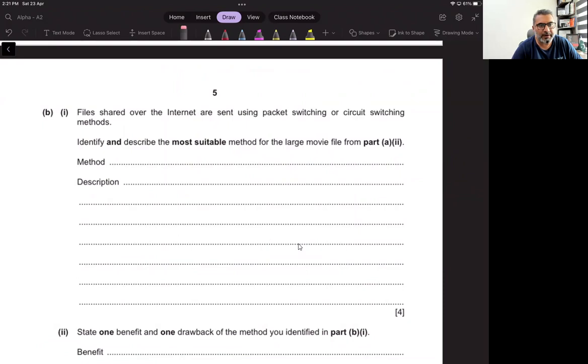Now 3B, files shared over the internet are sent using packet switching or circuit switching. Identify and describe the most suitable method for the large movie file from part A2. That must be packet switching.